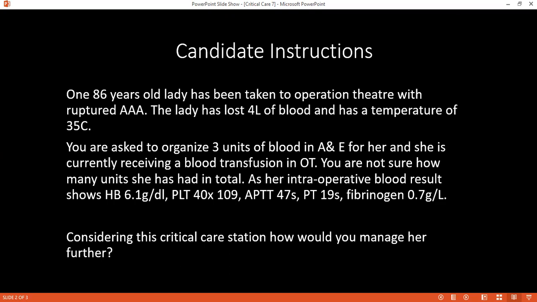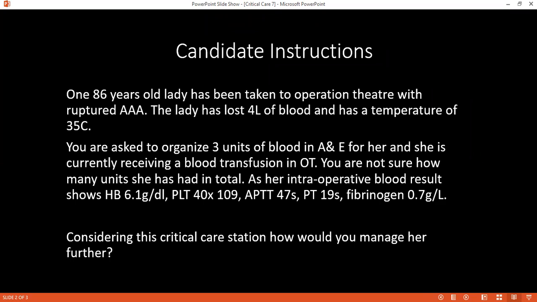Okay. All right. Since the patient has lost 4 liters of blood, and the patient is hypothermic as well, how would you decide how much blood should be transfused to the patient? Can you restate the question again? The patient has a ruptured abdominal aortic aneurysm, has lost 4 liters of blood, and is hypothermic as well.